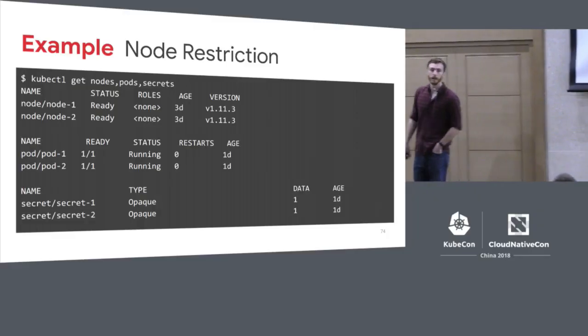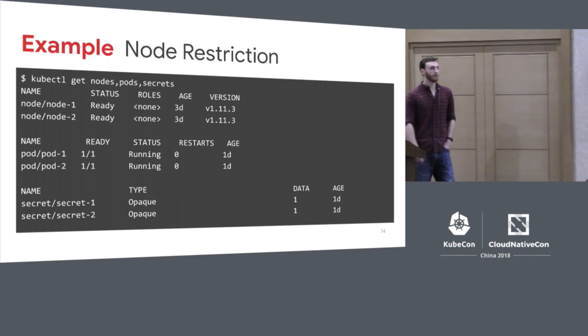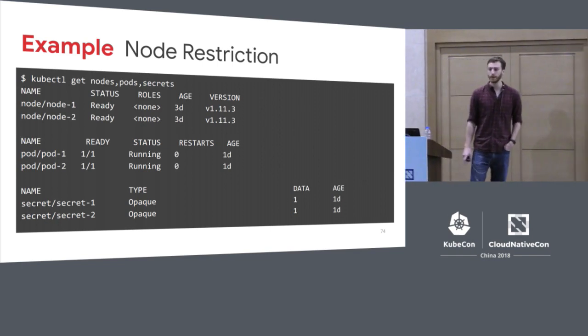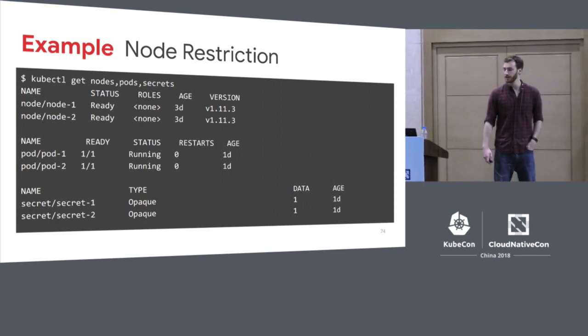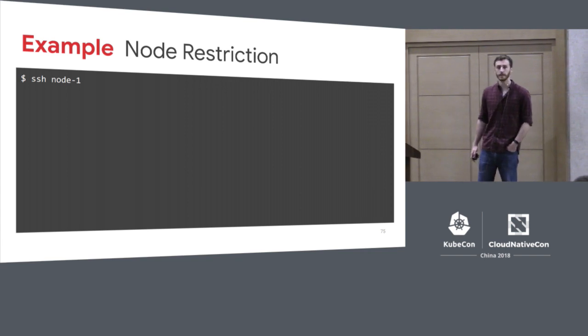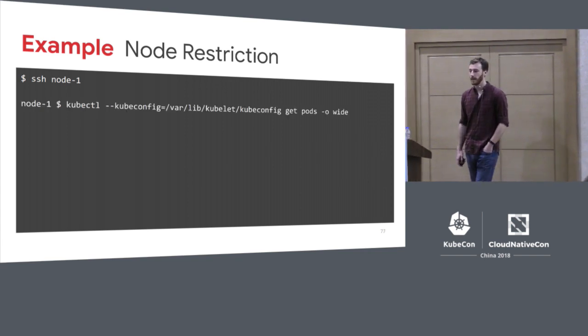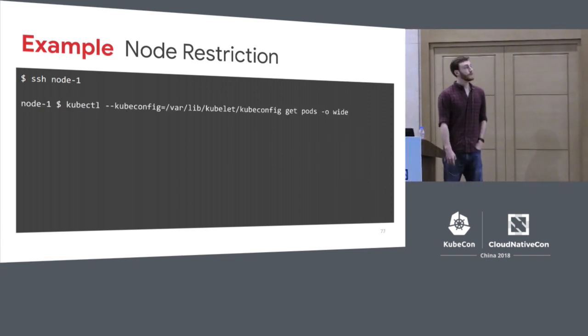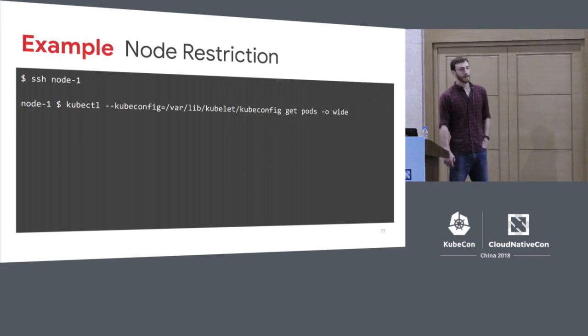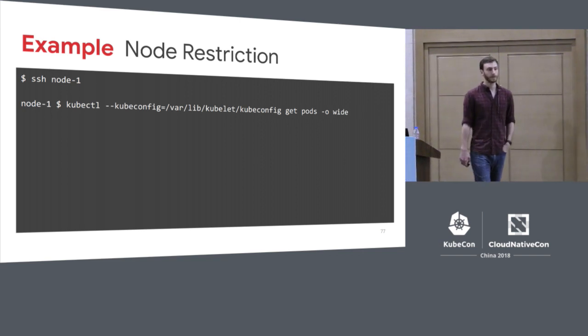So let's look at an example of that. Here's a simple setup. I have 2 nodes, 2 pods, 2 secrets. To make it easy to remember, pod 1 mounts secret 1 and runs on node 1. Same with pod 2. So let's SSH into node 1 and see what we can do. Using the kubelet config and the kubelet credentials, I can use kubectl as I normally would, but acting as the kubelet identity.